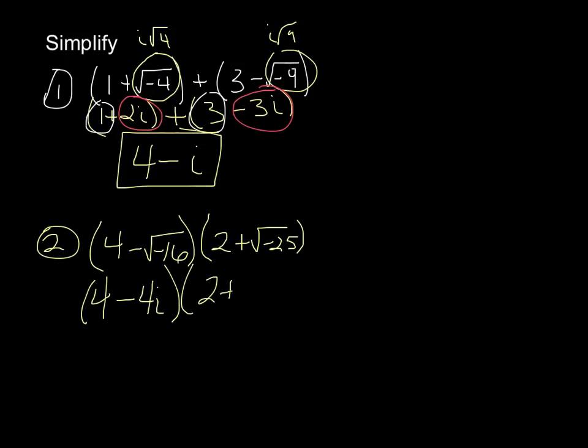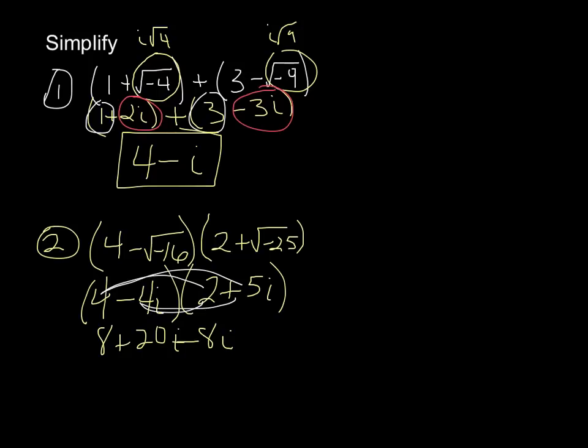times 2 plus, the square root of 25 is 5, and the square root of negative 1 would be i. So now from here, we're just doing straight distributive property. 4 times 2 is 8. 4 times 5i is plus 20i. Negative 4i times 2 is negative 8i.